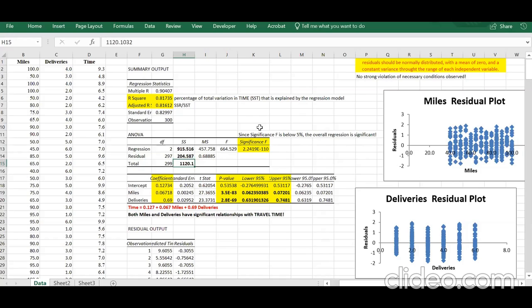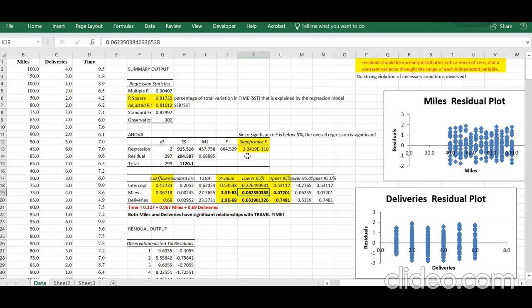All right. So we just check the necessary conditions. We check the significance of individual factors by looking at the p-value. If needed, we have the 95% confidence interval for each one of these coefficients.